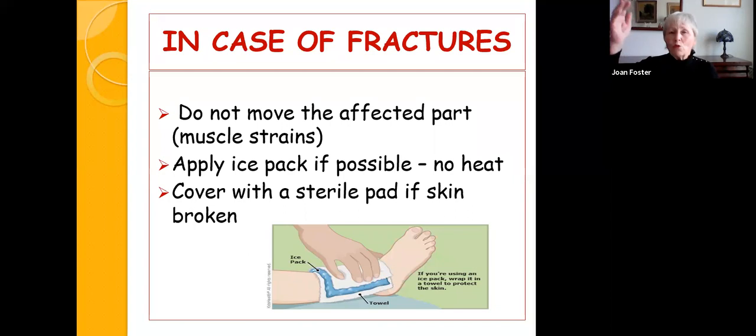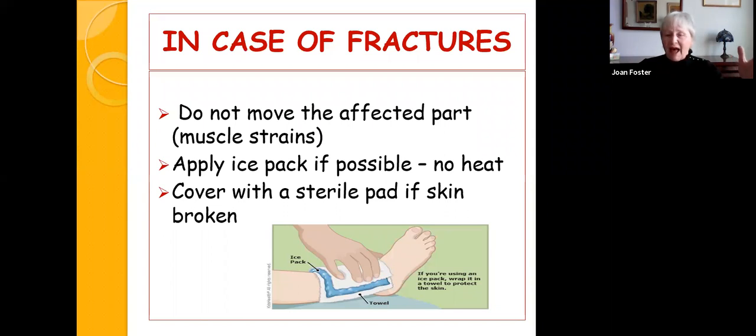You'll notice that when a child hurts their arm, the first thing they do is put their arm against their chest and hold it. In other words, I don't want you to move this. This is a natural thing of ours, not to move an affected part. So if somebody has injured their shoulder, their elbow, anything, don't try and straighten out the arm or the leg.